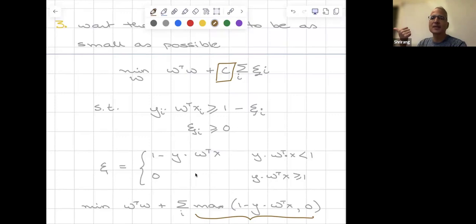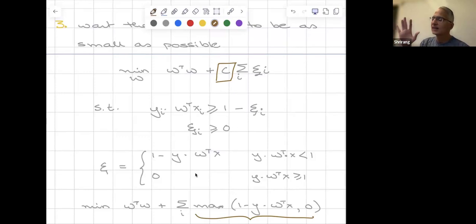Any hyperparameters in these two algorithms? What is a hyperparameter? Actually, it's not perceptron, it's KNN. K, right? What is the optimal value of K? We decide that. We experiment and we figure out what value of K to use. Similarly out here, we are going to decide what value of C to use.